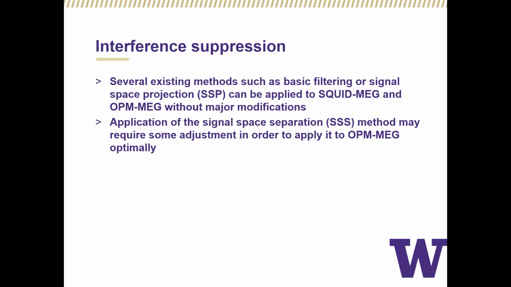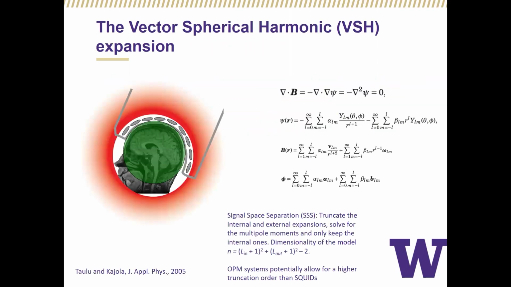It's a quite widely used method, which is based on a vector spherical harmonic expansion of the magnetic field. So we have to think about the geometry differences in OPMs and SQUIDs. I will not have a lot of math in this talk, but I will start with this.